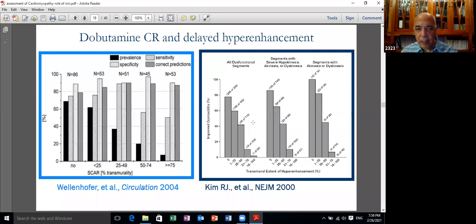Now, if you look into this diagram, which is a very important diagram, on the x-axis here, this is delayed gadolinium enhancement of 0, no delayed gadolinium enhancement, 1 to 25, 25 to 50, 50 to 75, and then 75 to 100.